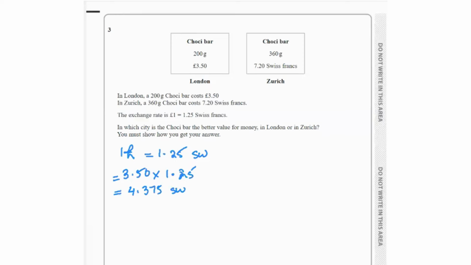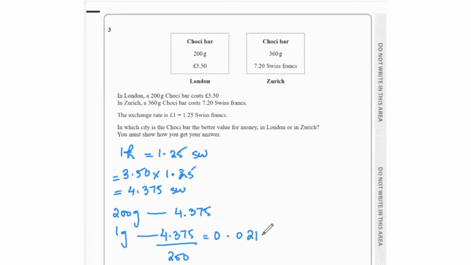So let's find the cost for 1 gram. 1 gram would be 4.375 divided by 200, which is going to give us 0.021875.